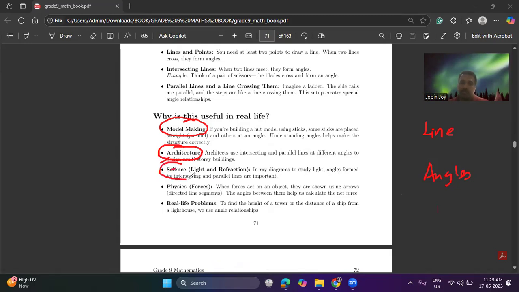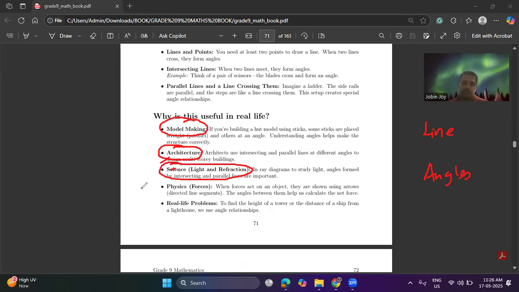Then in science, you studied about light and refraction. At the end of this chapter, we will do one problem related to science, related to light. So the idea of lines and angles is required in the field of science to solve problems.